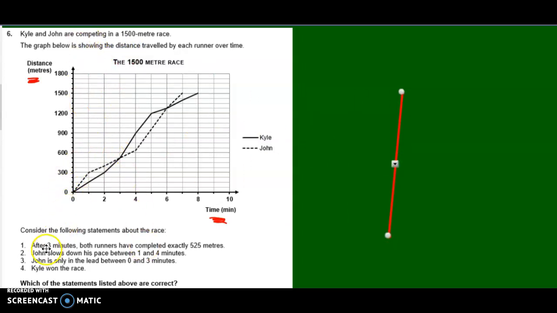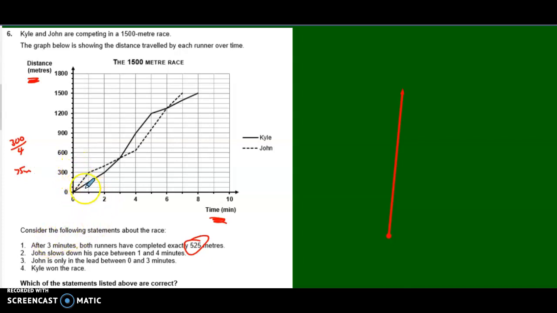Let's see. After 3 minutes, both runners have completed 525 meters. We're not sure exactly what the scale of this y-axis is. It's 1, 2, 3, 4, so 300 divided by 4 is 75 meters. Each space is 75 meters.